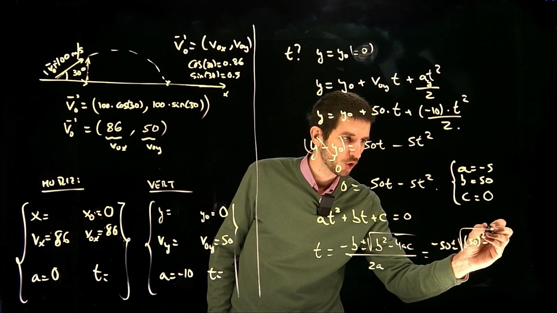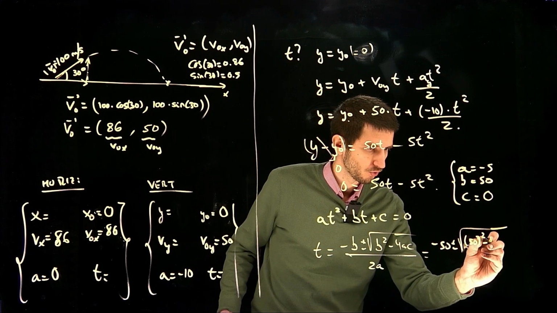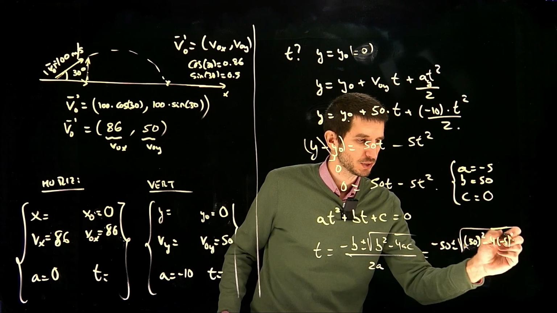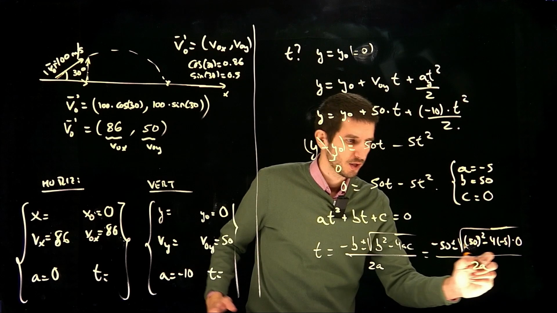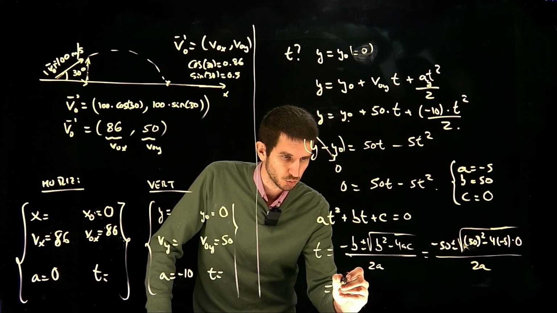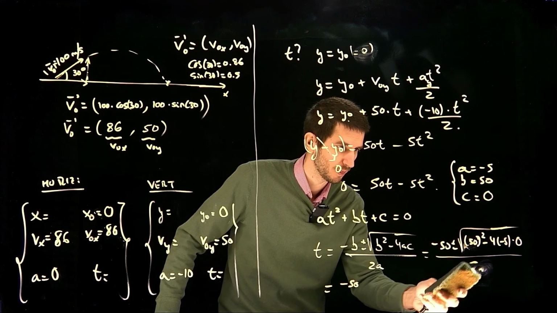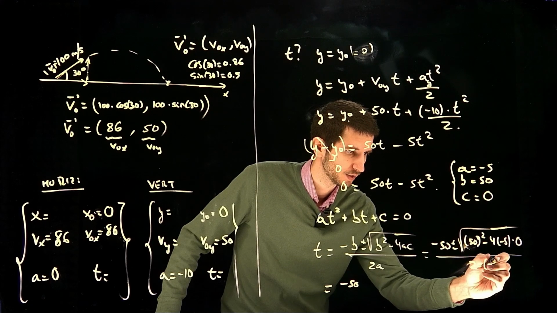minus 4ac. So 4 times minus 5, include the sign, times c, which is 0, which of course is going to go to 0. And this is divided by 2a, where a is going to be 2 times minus 5, right?